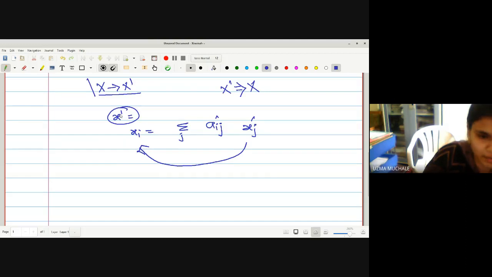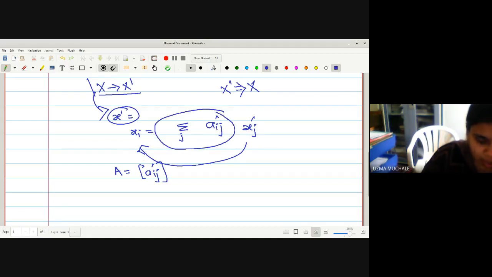Initially we wrote the equation in terms of x dash, which is the transformation from x to x dash. Now, this term aij dash is nothing but your matrix A. This matrix A is the transformation matrix from x dash to x.